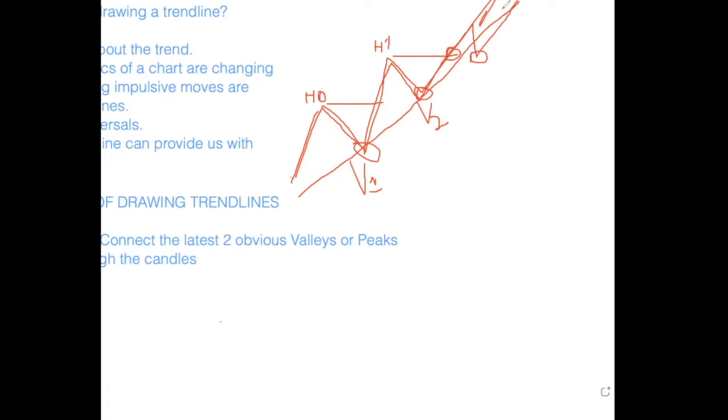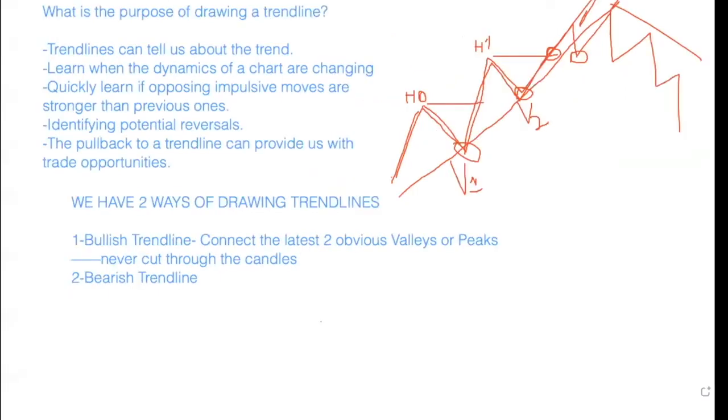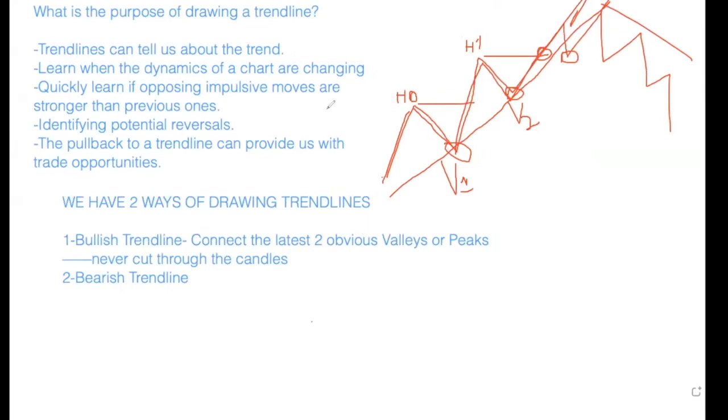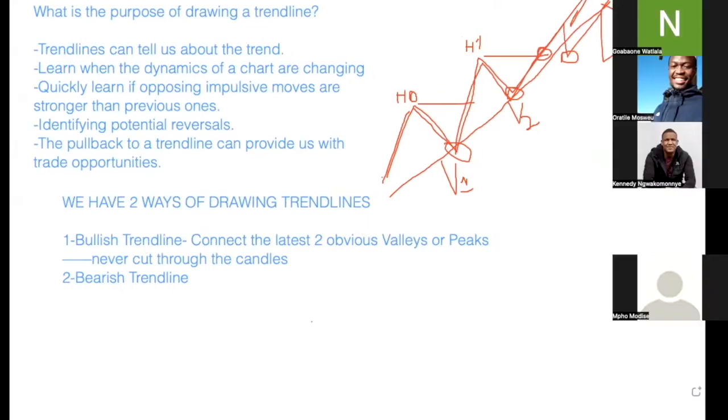And as it gets broken, it will change the move to the downside, like this. It's very important to remember this. Is there anything to explain here for a bullish trend line? For me, no. All right, brilliant.